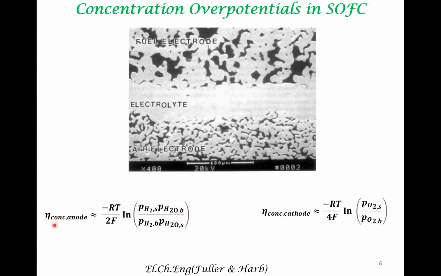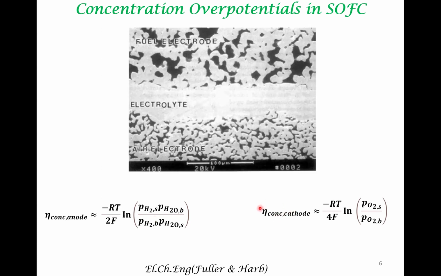For example, the expression for concentration overpotential at the anode depends upon the partial pressure of hydrogen at the surface divided by the partial pressure of hydrogen in the bulk. So if this partial pressure is much less than this partial pressure, then the concentration overpotential is significant.